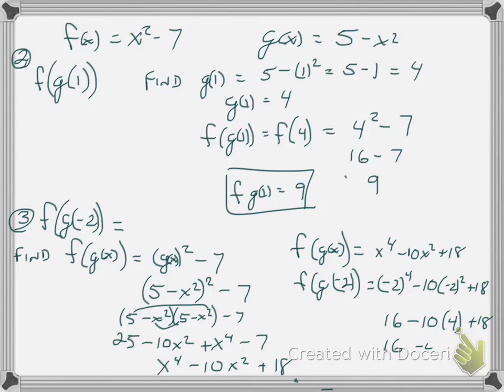So I have 16 minus 40 plus 18, and that's going to equal negative 6. So f of g of negative 2 is negative 6. You could have done that the same way I did the first one. They both end up being correct.